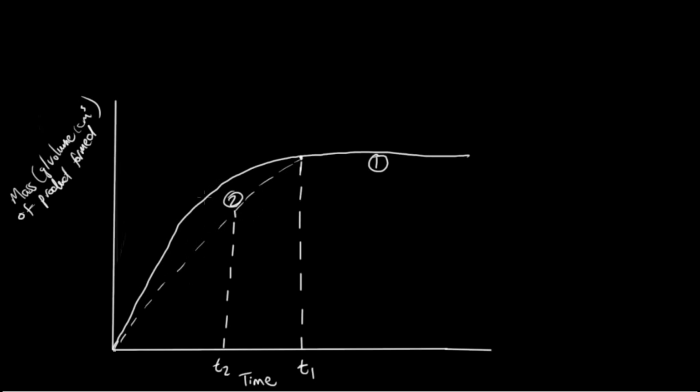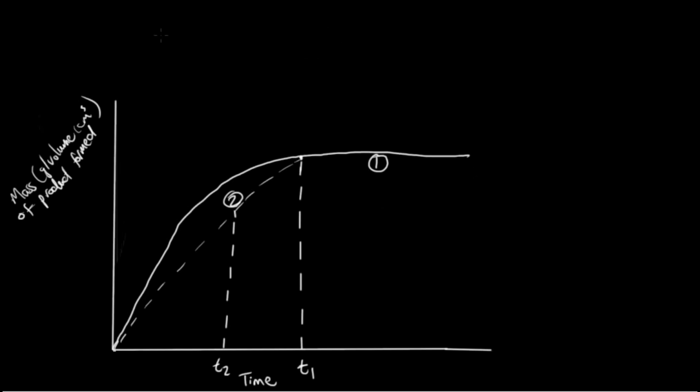It's important to know that this reaction, which has occurred in a shorter time interval, could possibly have been the result of using a catalyst. This is how I've graphed two different reactions, and this is probably how they'll give it to you in the exam and ask you questions based on a reaction rate graph like this.